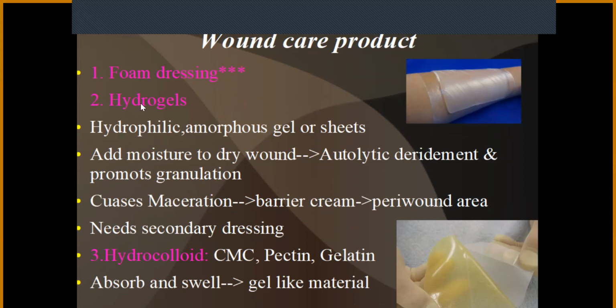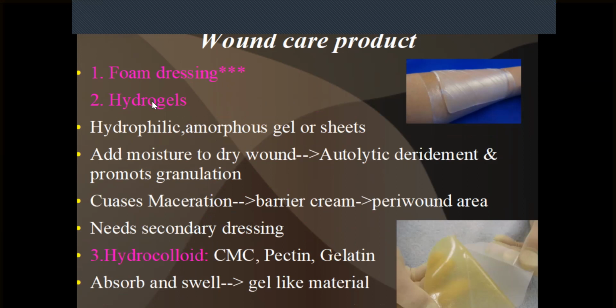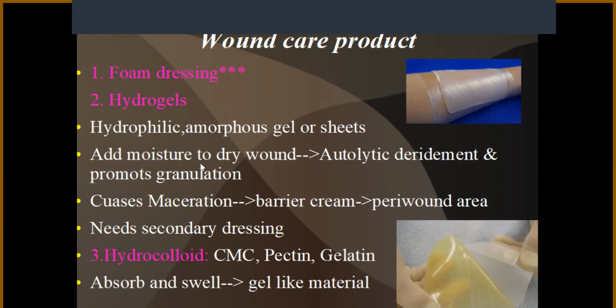Hydrogels. Hydrogels are certain polysaccharides and proteins mostly obtained from seaweeds. These are hydrophilic amorphous gels or come in the form of sheets. These add moisture to the dry wound. So these are used for autolytic debridement and for promotion of granulation, as we know that granulation forms better in a moist environment.